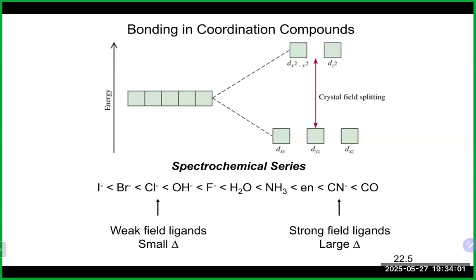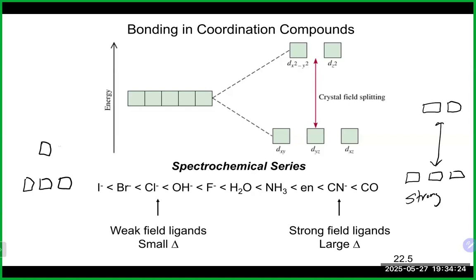What that means is if it's a strong field ligand, you're going to get a big split in energy, dramatically drawn here, between the lower d orbitals and the higher d orbitals. If you have more of a weak field, you're going to get a much smaller difference between those lower energy orbitals.